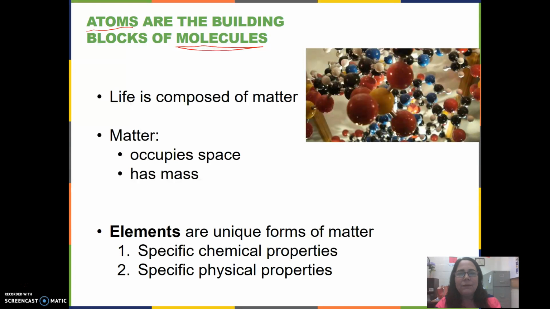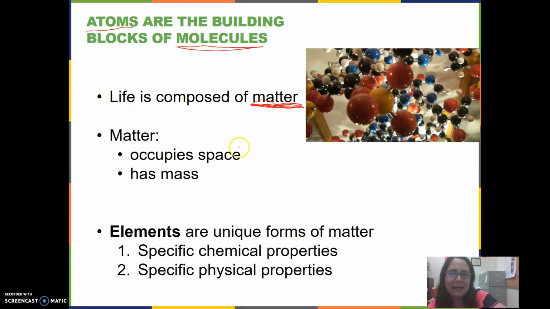We know that living things are composed of matter. Non-living things are also composed of matter. Matter is anything that occupies space.